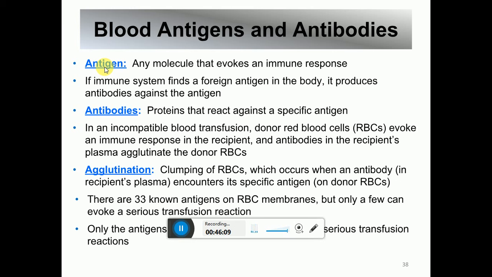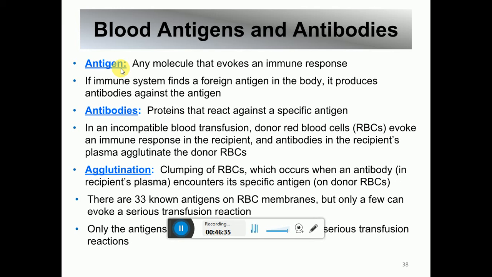When we're talking about blood groups, an antigen would be a protein that is found on the surface of a red blood cell. More generally speaking, gen means to generate, and anti refers to generating an immune response because of the presence of this protein.